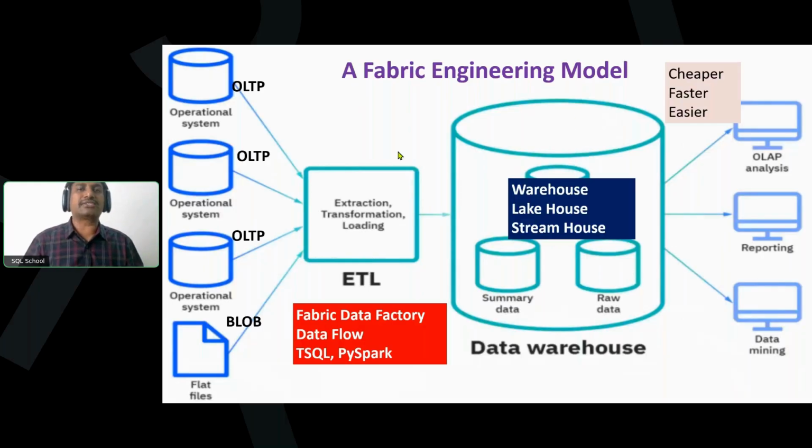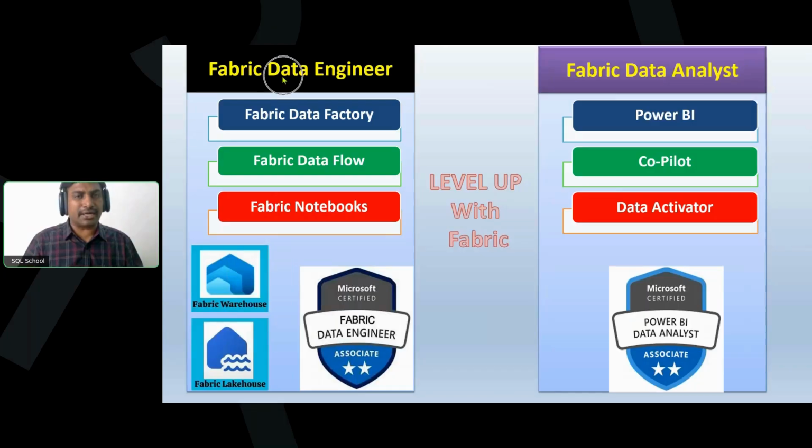So in our classes, in Fabric, we are going to have 3 ETL technologies and 3 warehouse technologies, 6 components in 6 weeks. We'll be taking the Fabric Data Engineer, the left side item, 6 weeks.